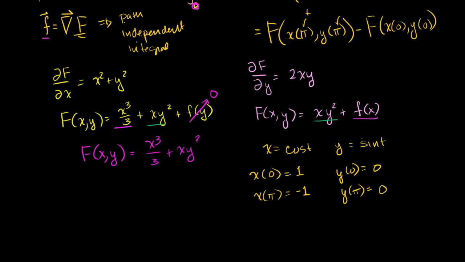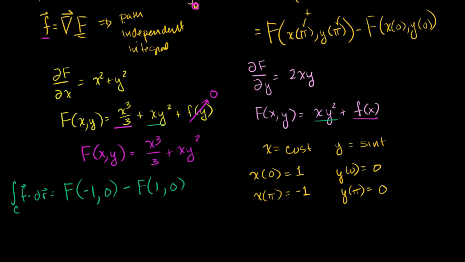So our integral along that path of f dot dr is going to be equal to capital F of x of pi, which is minus 1, y of pi, which is equal to 0, minus capital F of x of 0, which is 1, comma y of 0, which is 0.